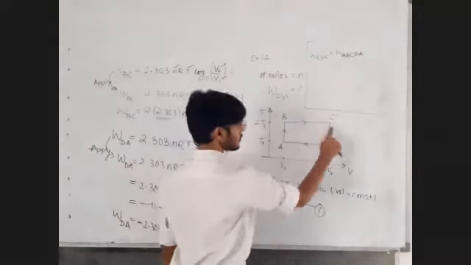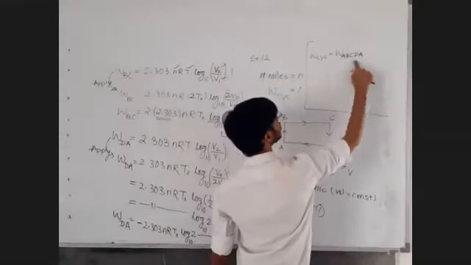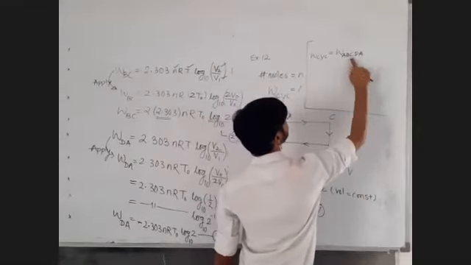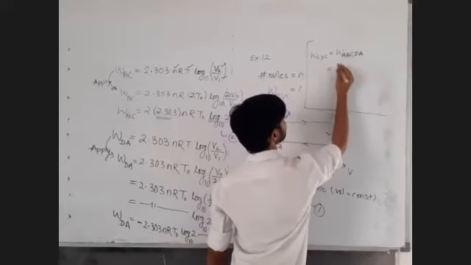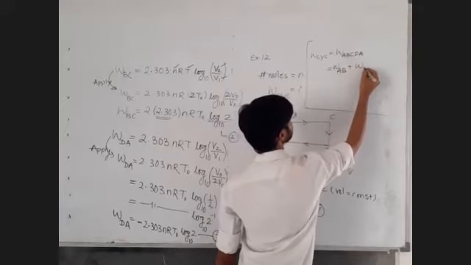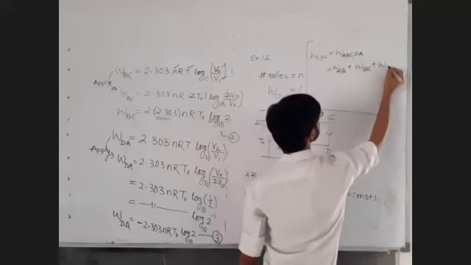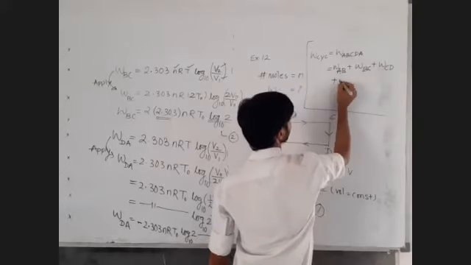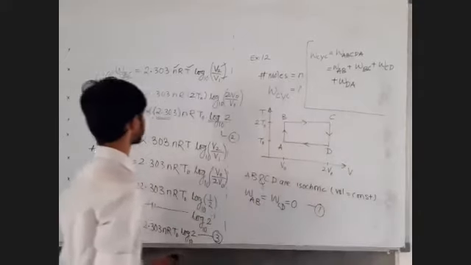You have to again write this point A so that you can show that it is a cycle. So work done in the process A, B, C, D, A is work done in the process AB plus work done in the process BC plus work done in the process CD plus work done in the process DA.